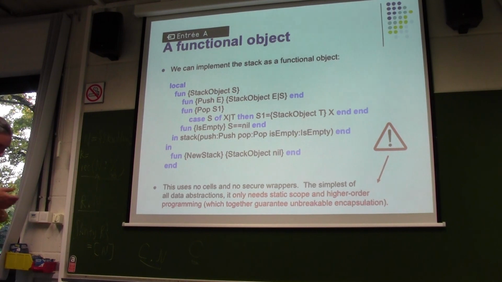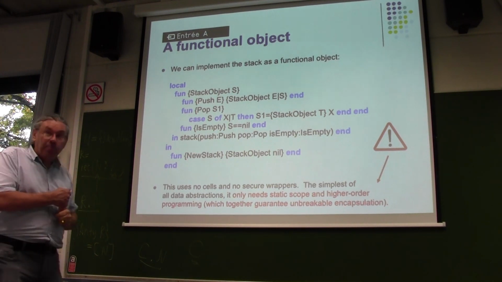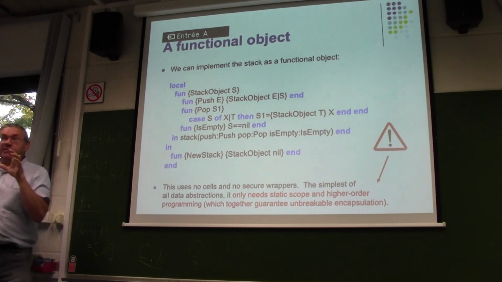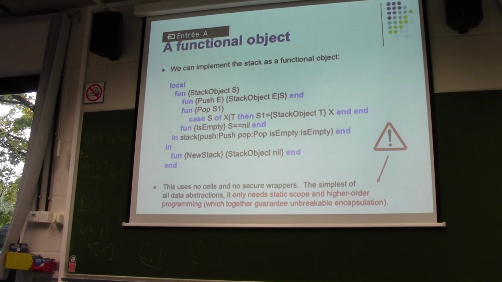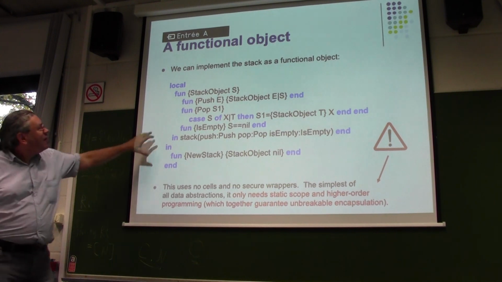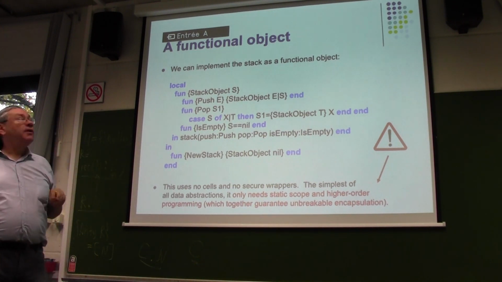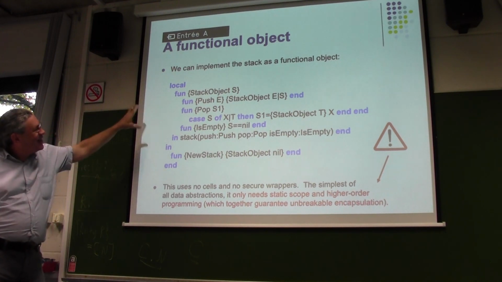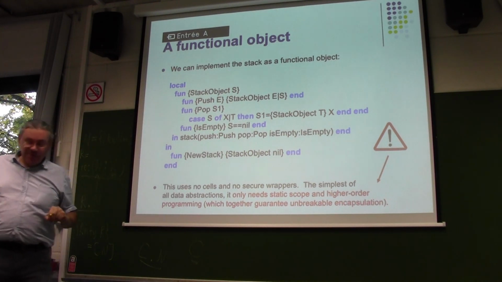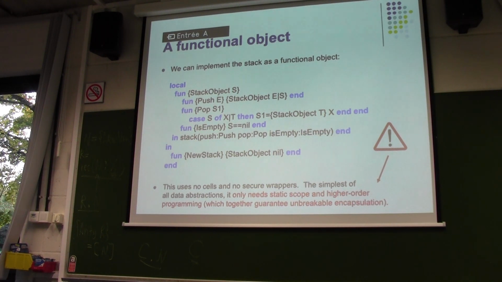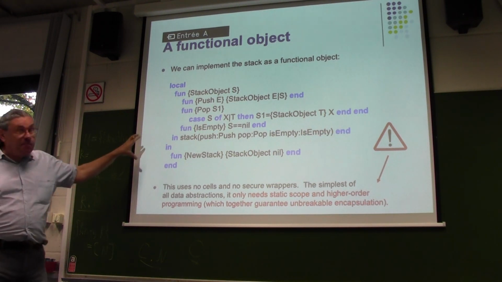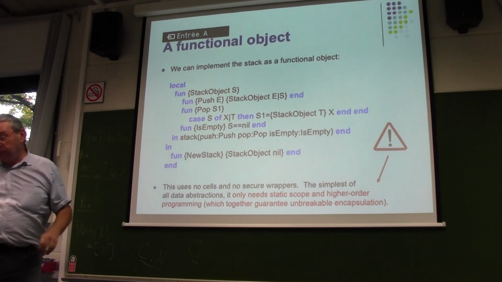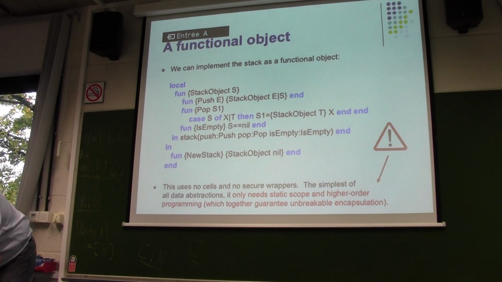It does not need cells, it does not need wrappers, so it's actually very, very simple, okay? It's the simplest form of data abstraction that you can get. But most of the time, people don't use this, and if you have not used it, it can seem kind of weird, okay? But it is a true abstraction.